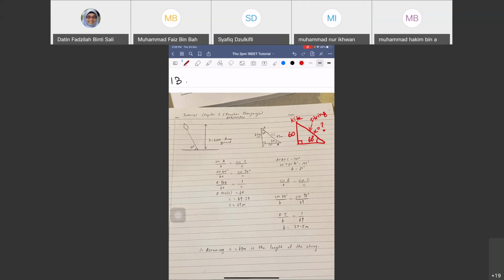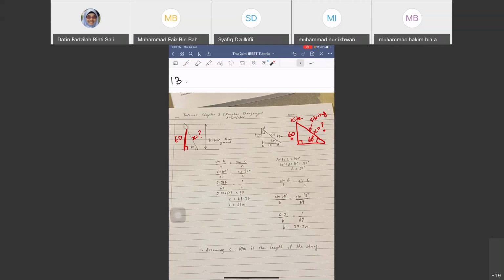So if I'm referring to the diagram here, we can just extend from here. So this is 60, and this is what we want to find. Again, this is just a simple trigonometric ratio, because this is the angle of inclination, 60 degrees.